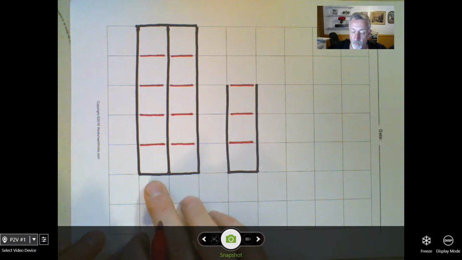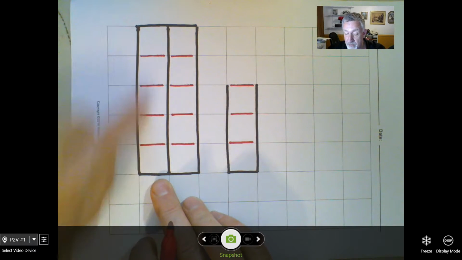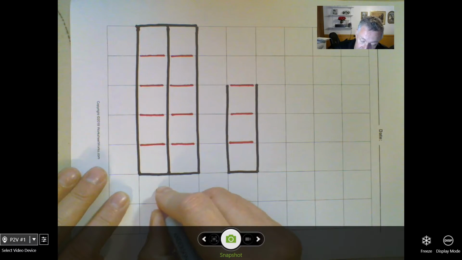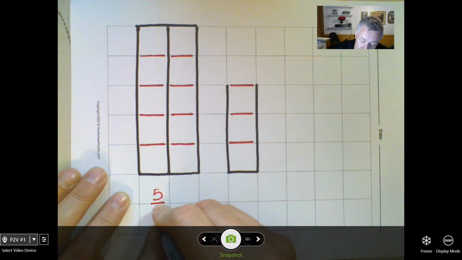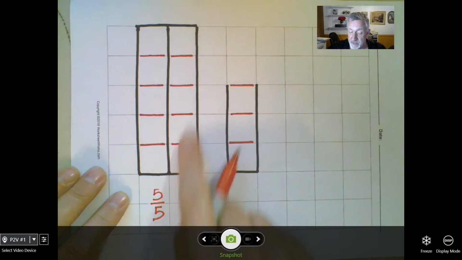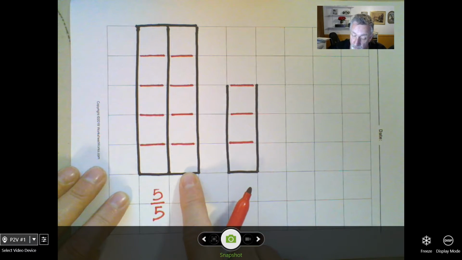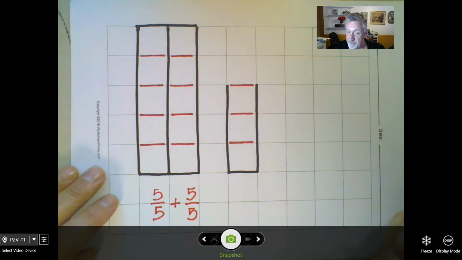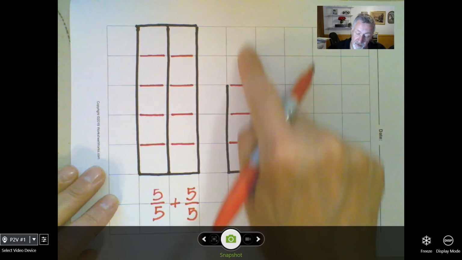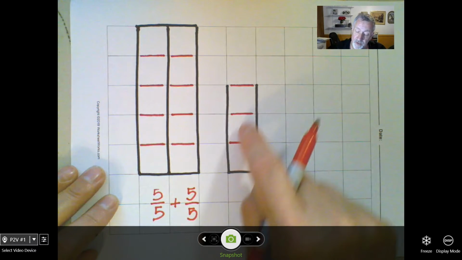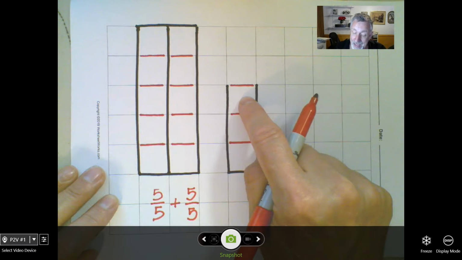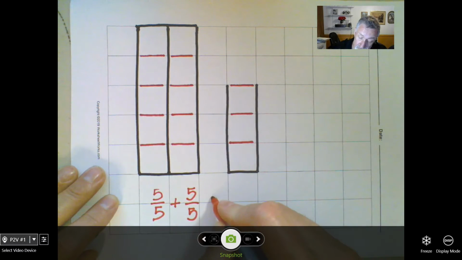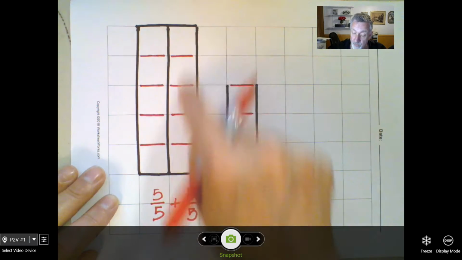So we could say that this bar is 5/5. Since we have another whole bar here, we have another 5/5. And over here, we don't have a complete bar. We have 1, 2, 3, our numerator, out of the whole, which is 5.